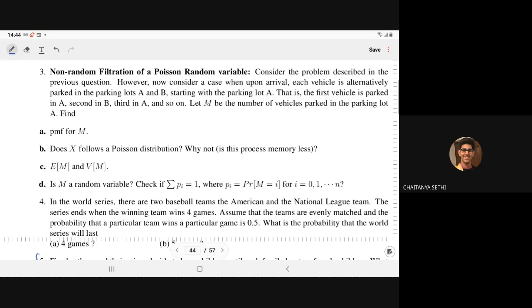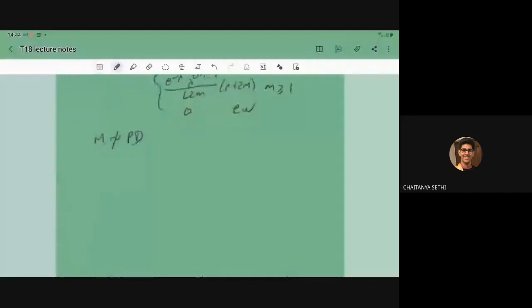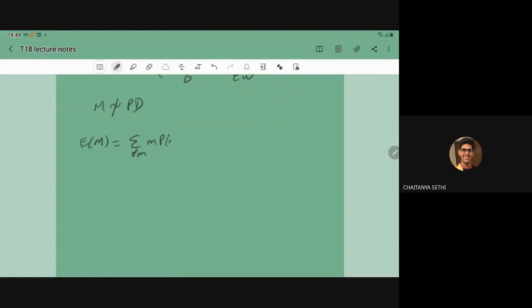Then you have to determine the expectation of M and the variance of M. So what is the basic formula of E[M]? Summation over all m of m into P of M equal to m.